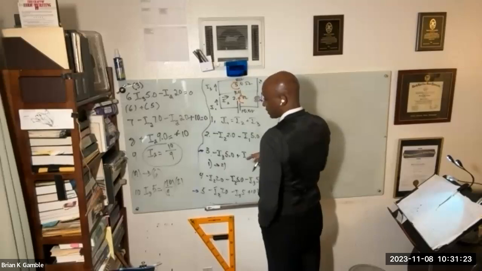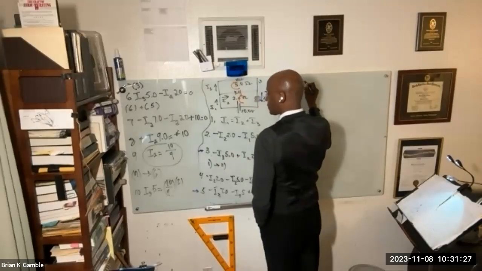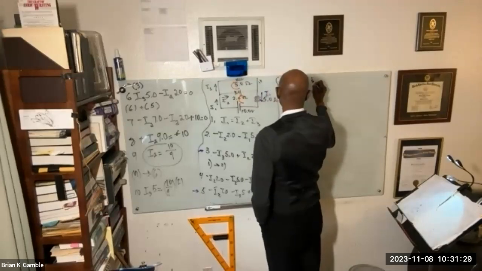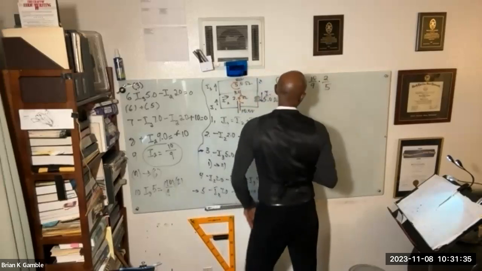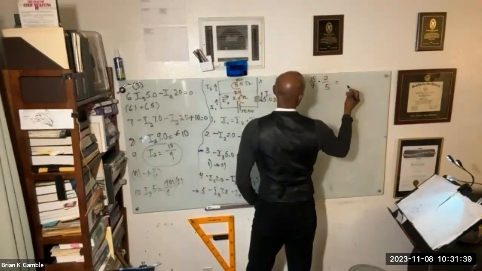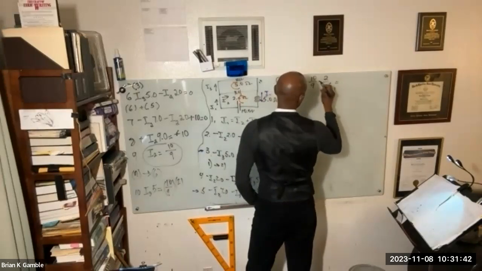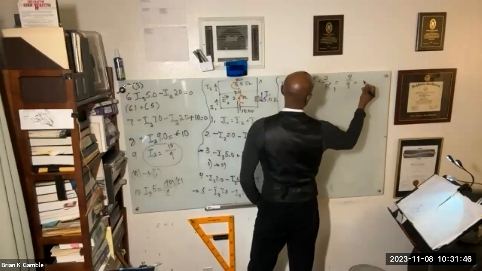So then that's going to be I3 equals 10 ninths times 2, but then dividing by the 5 here. So yeah, that's going to end up being 4 ninths. 5 goes in 5 once, 5 goes in 10 twice, so 4 ninths equals I3.